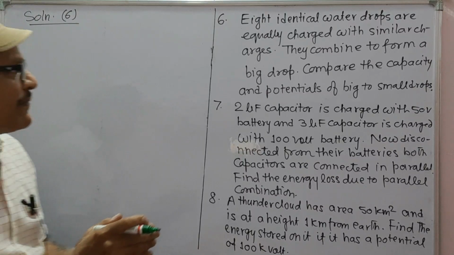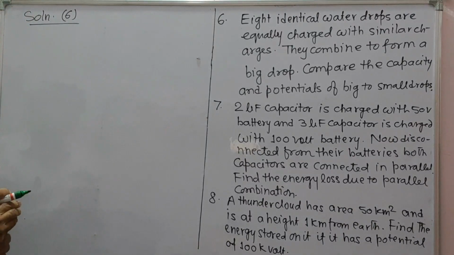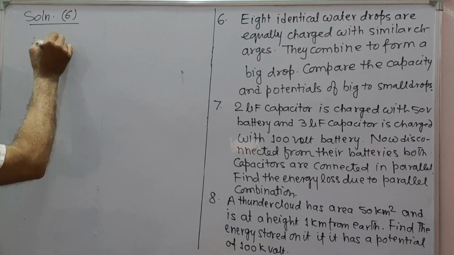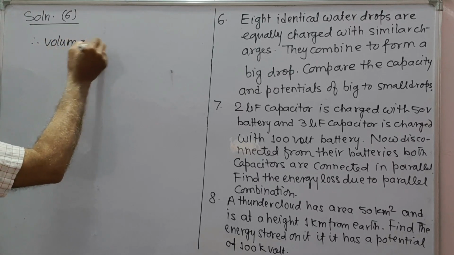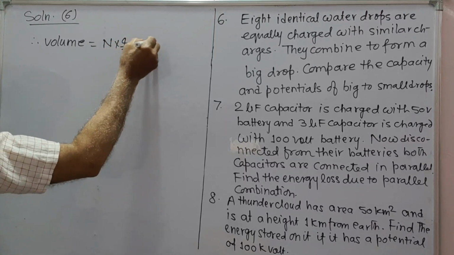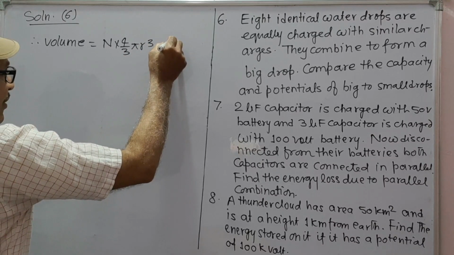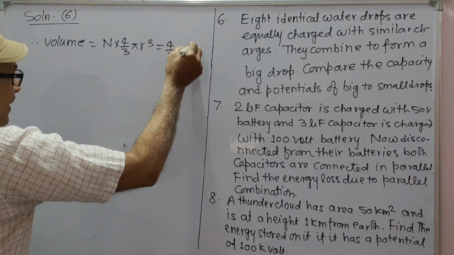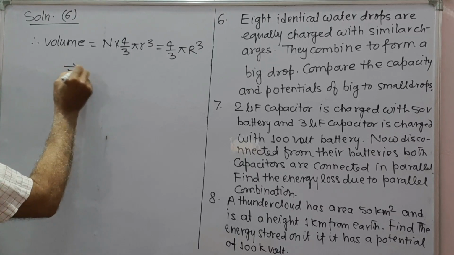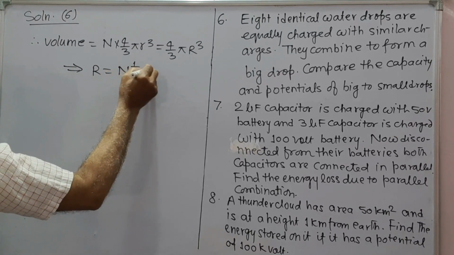As the total volume of n identical drops is equal to the total volume of the combined big drop, therefore volume will be equal to n into 4 by 3 pi r cube for n identical small drops, which is equal to 4 by 3 pi R cube, volume of the combined big drop. 4 by 3 pi cancels out, and we get capital R as n to the power 1 by 3 into small r.